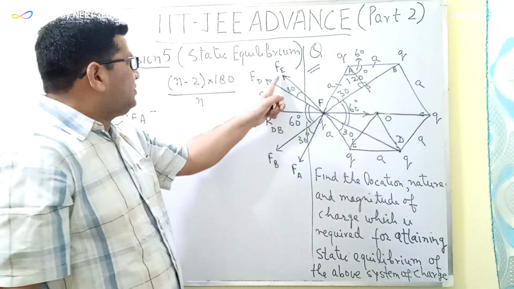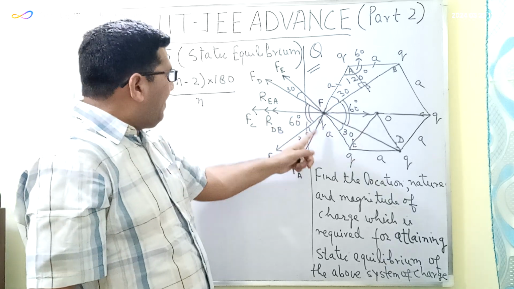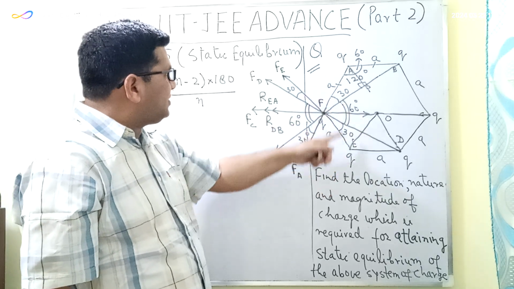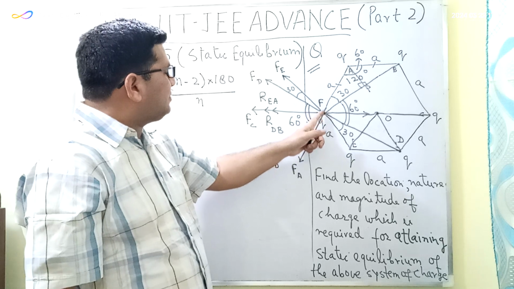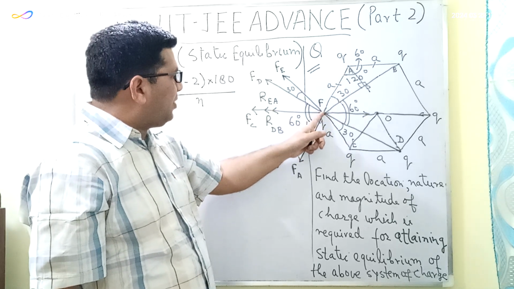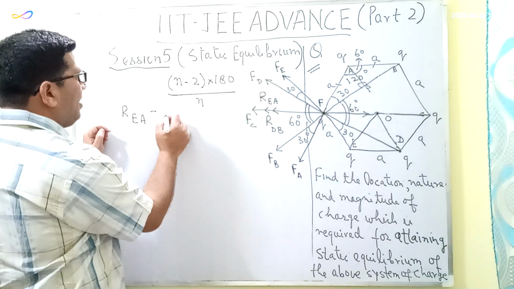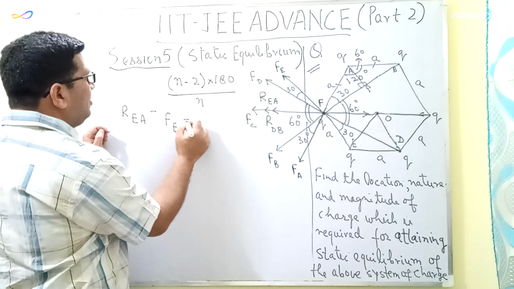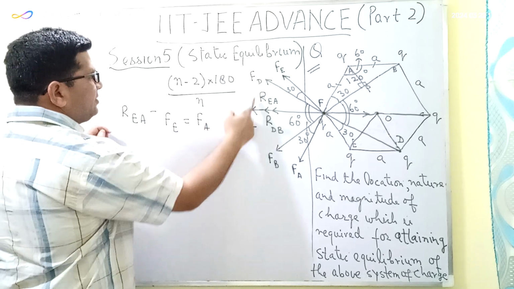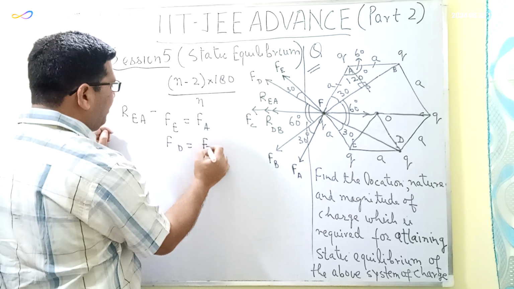Now, since the magnitude of FE and FA will be equal, because the magnitude of the charges are the same, and the distance between this point F and A and the distance between this point F and E are equal, so FE will be equal to FA. Similarly, FD is also equal to FB.